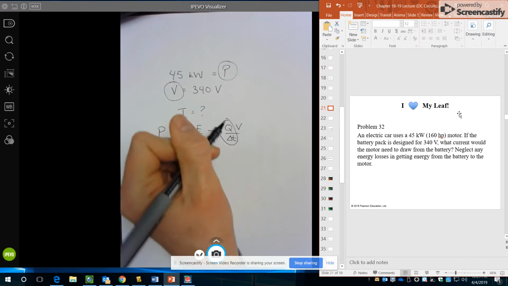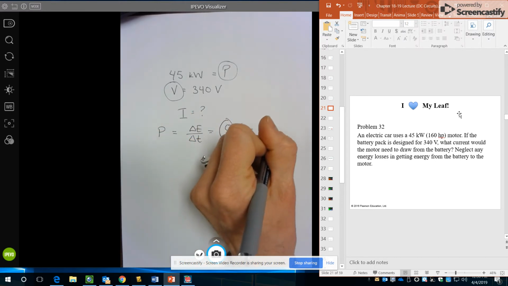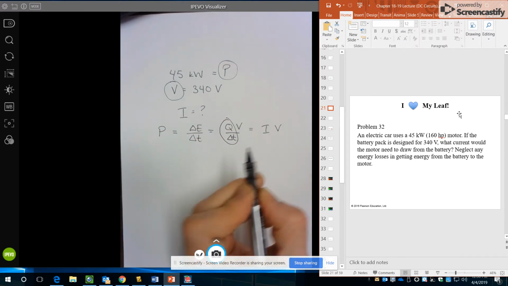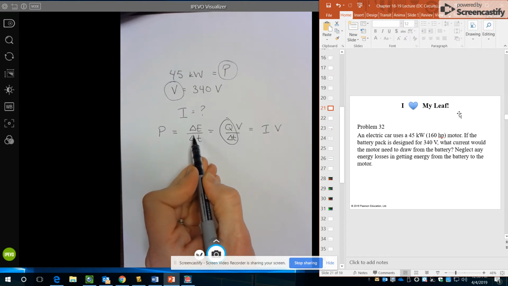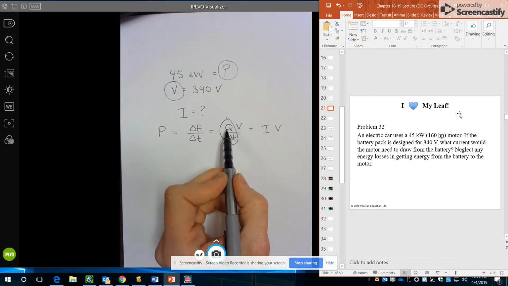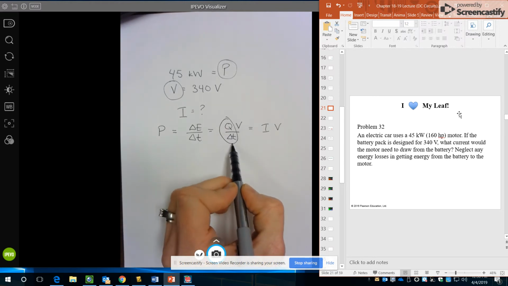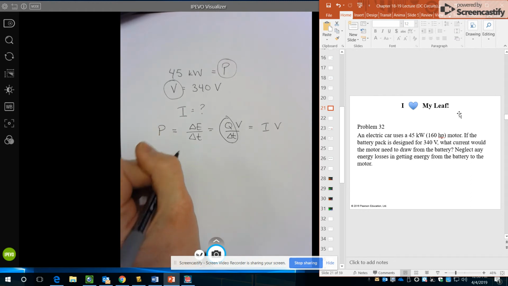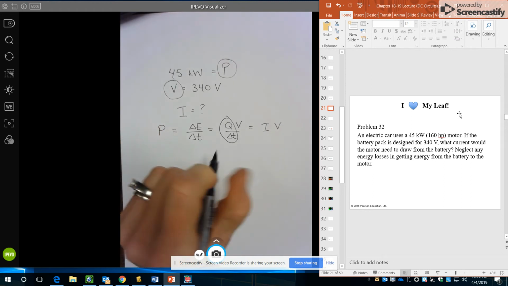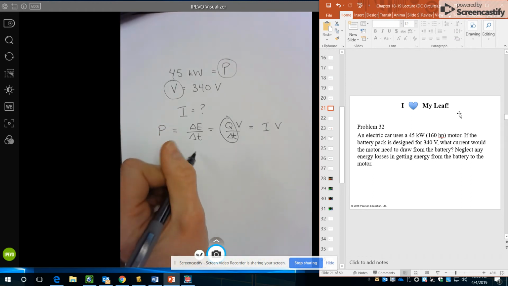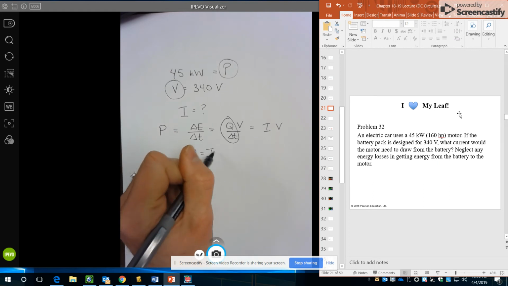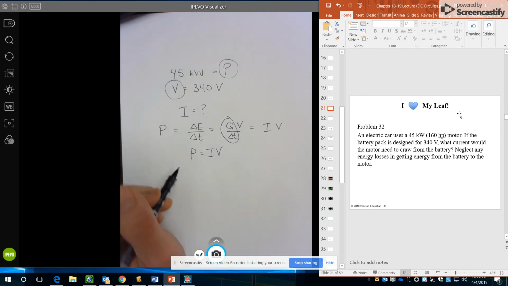And charge per time is equivalent to current. So P equals IV comes from our definition of power and the idea that electric potential energy is equal to charge times voltage, and the definition of current is charge per time. So again, this is based on definitions. This is true whether the device is ohmic or not.